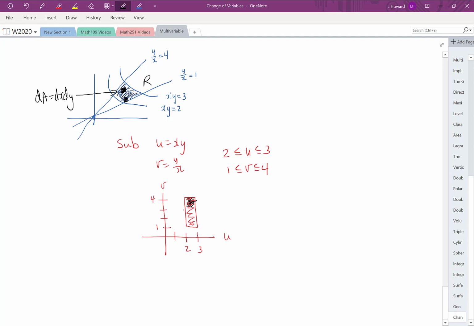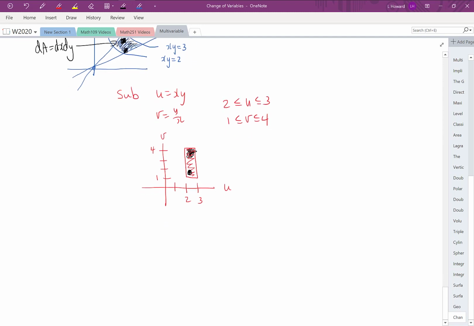So maybe this second rectangle becomes this kind of shape here. The shapes are being distorted and the areas change as we move from xy to uv. Not only that, but the areas don't change with a constant correction factor. The correction factor for the area might actually depend on the coordinates within our region R, so it might depend on our position within that region.